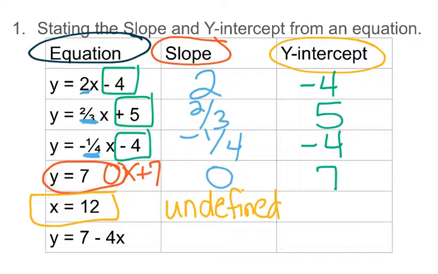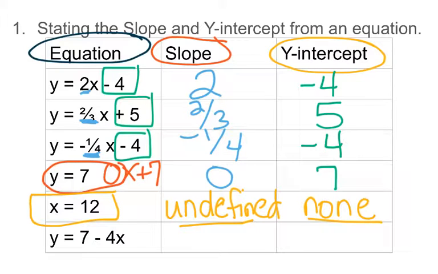And the y-intercept, there is none. It will not cross over the y-axis. That is when you have no y in the problem. You only have an x. X is always equal to 12. Undefined slope. No y-intercept.